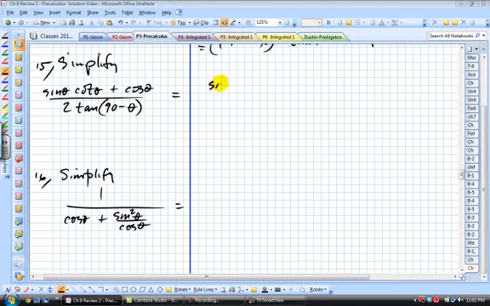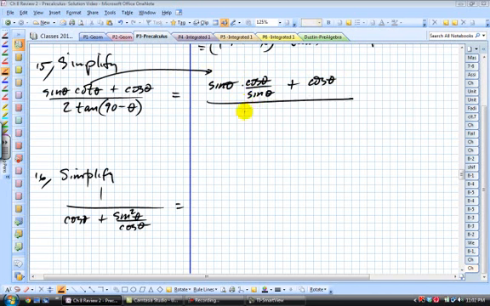Okay, so let's just keep on going here, and let's rewrite cotangent as cosine theta divided by sine theta plus cosine theta, all divided by 2 times cotangent theta here. Okay, there's an identity there. They're cofunctions.